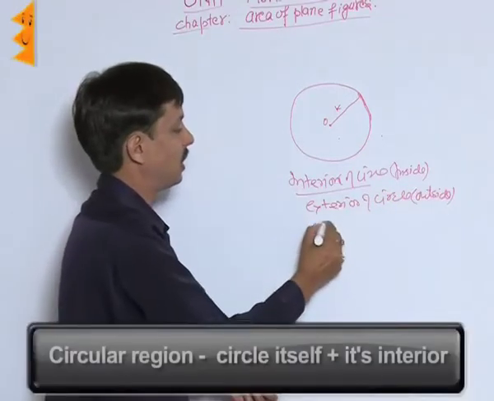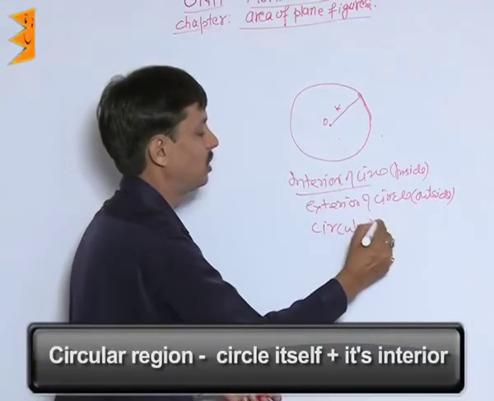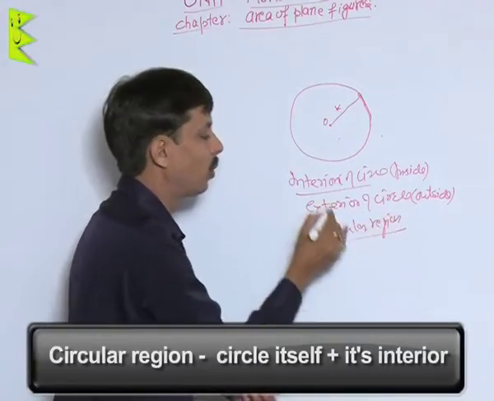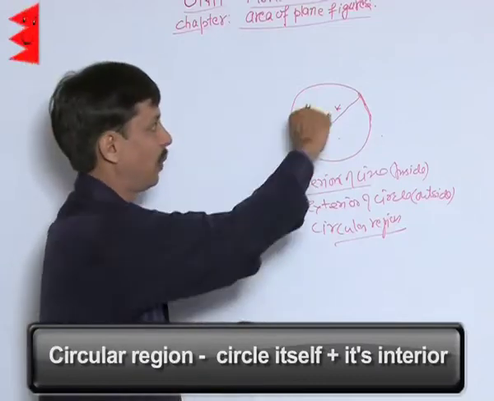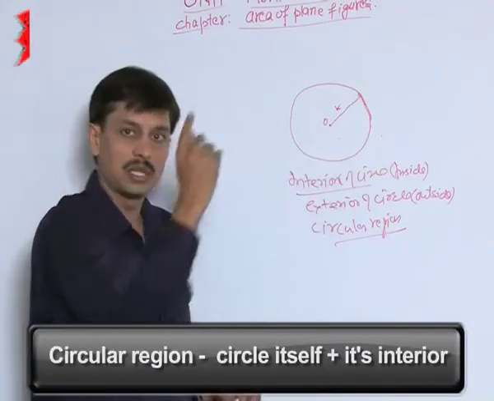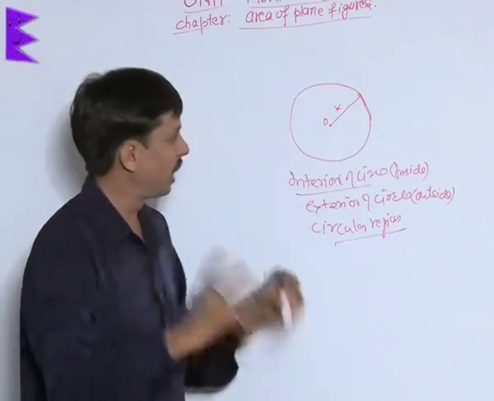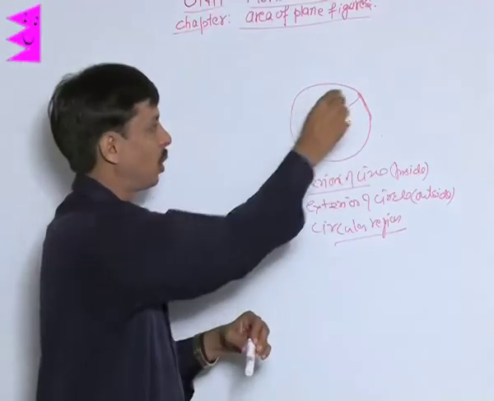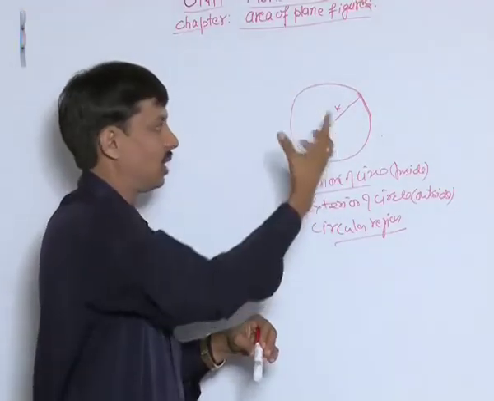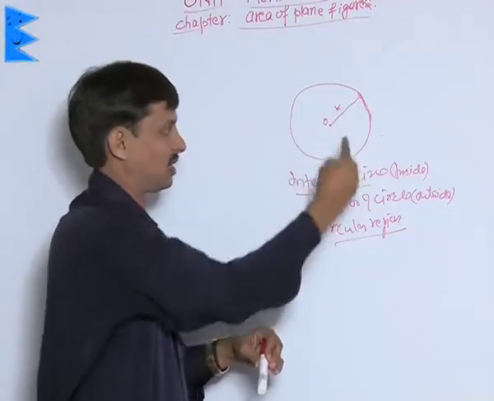Now, what is the circular region? In order to understand the circular region, you must be aware that when we draw this circle with a sharp pencil, some part of the piece of paper is also colored black by that pencil.